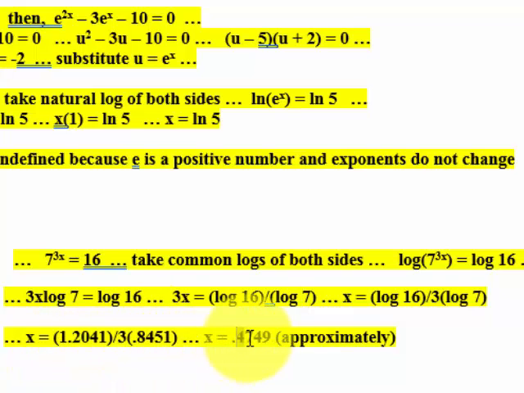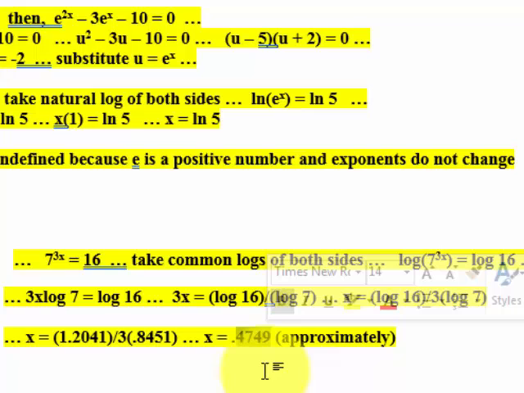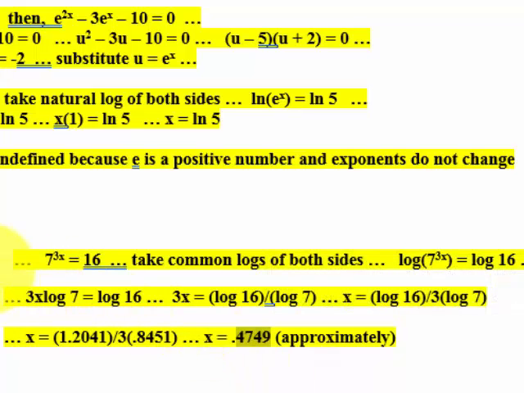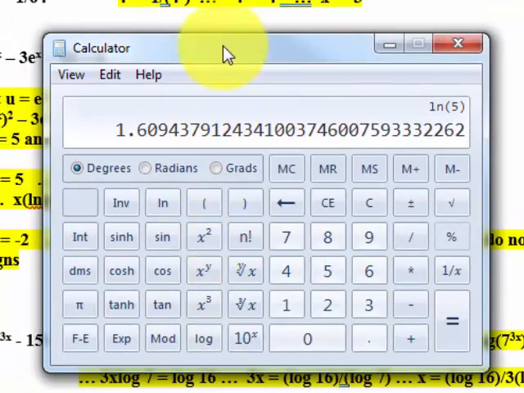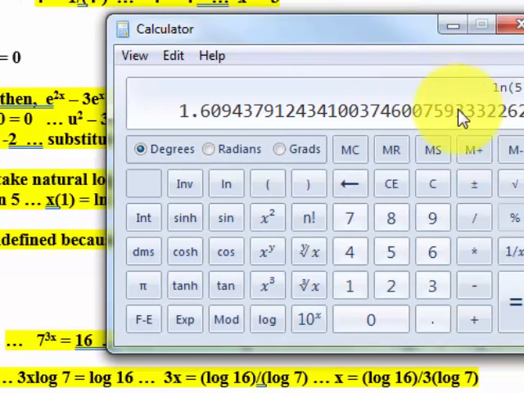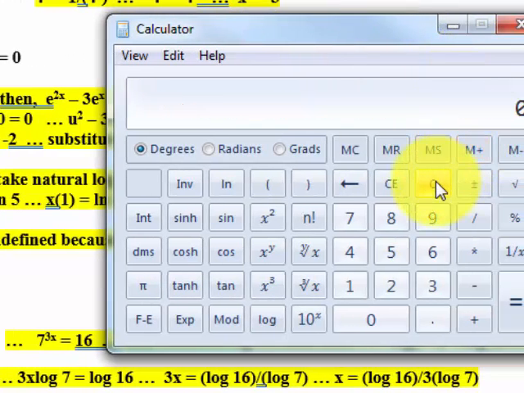And there it is right there. So I'm going to double check this answer, right? 7 to the 3x, and I'm just going to use 0.48. Let me pull up the calculator.